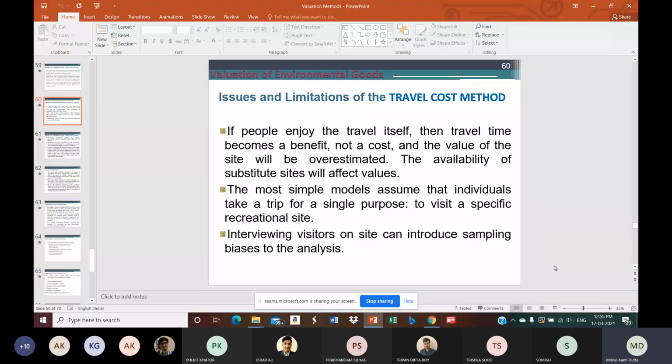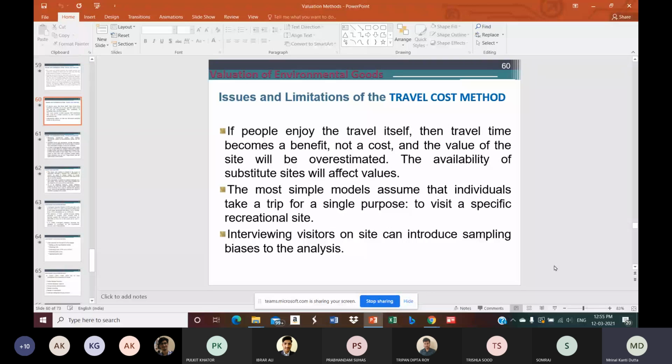Another thing is that in the case of the individual travel cost method, we try to interview the visitors. But in those cases, it's a kind of convenience sampling. We do not try to go for a proper sampling design. So there might be bias insofar as interviewing visitors. That is not uncommon for interviews or surveys. It is there everywhere.